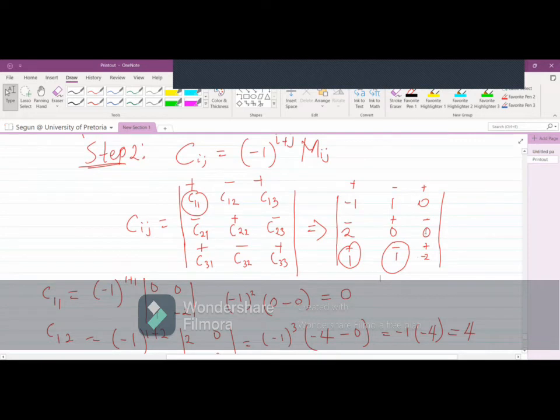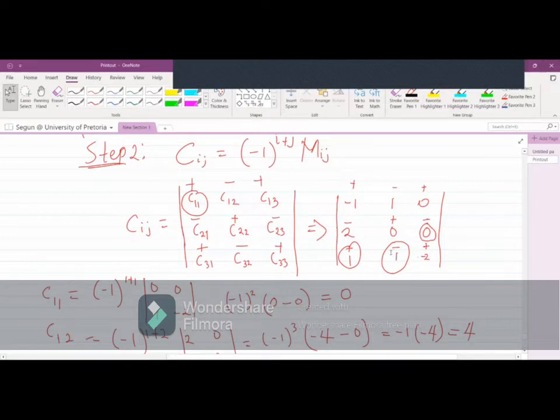Okay, look at it now. C23 is this one, right? Yes, sir. Now, it simply means the row it belongs to, which is this row, will be cancelled. The column will also be cancelled. How many elements remaining? Minus 1, 1, 1, 1. You don't need to put 0 outside.